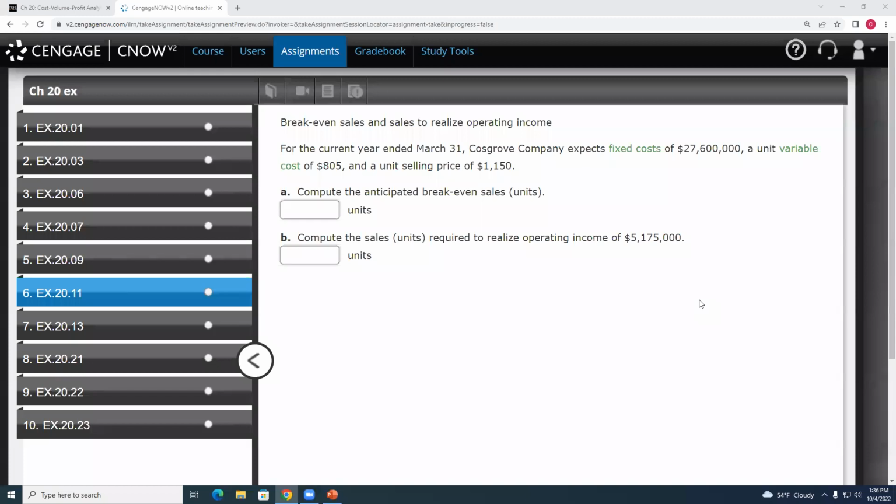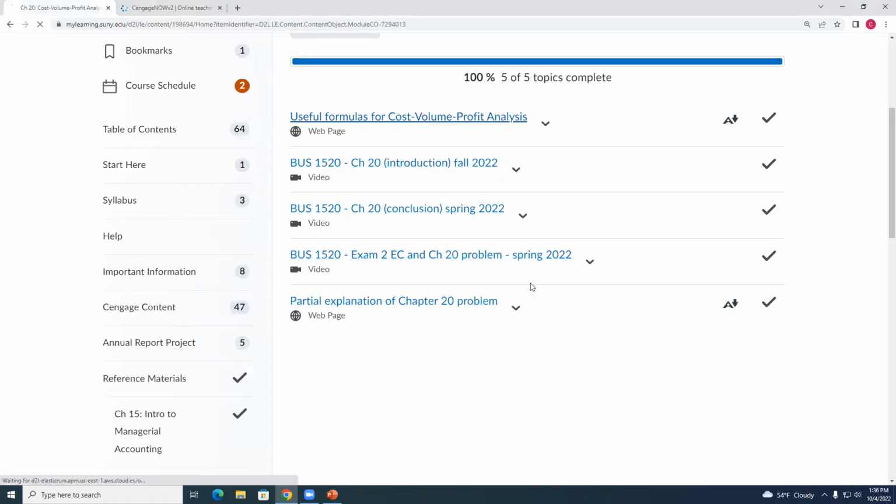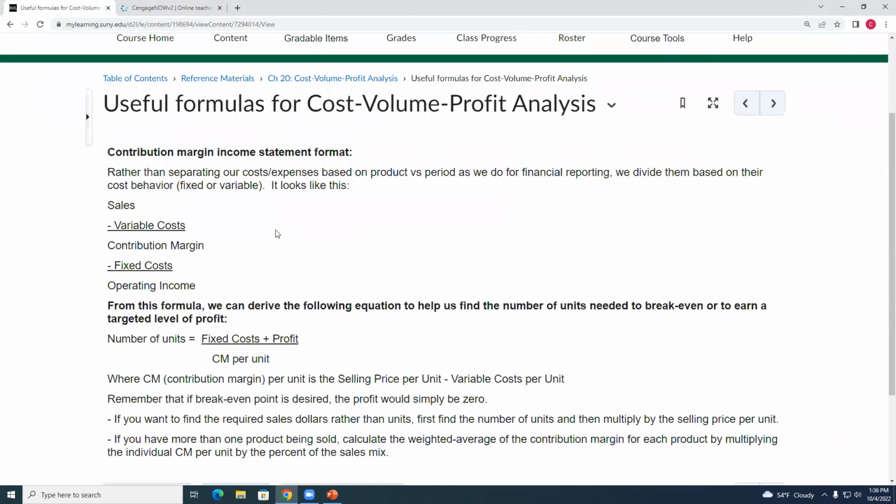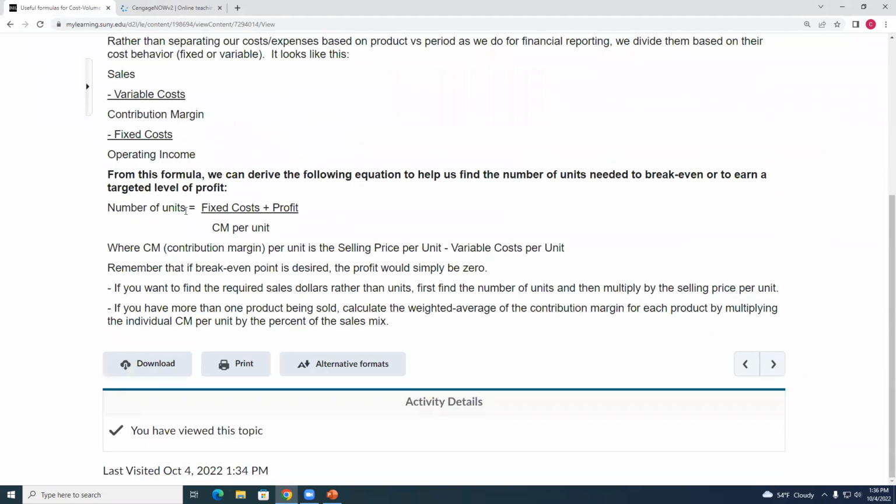It's what's left of the selling price to apply toward our fixed costs. And we specifically talked last class in our formulas about contribution margin per unit. So if I were to go over here to these formulas again, to calculate the number of units we take the fixed cost plus the profit and divide by contribution margin per unit.